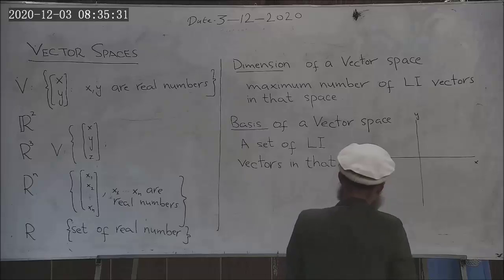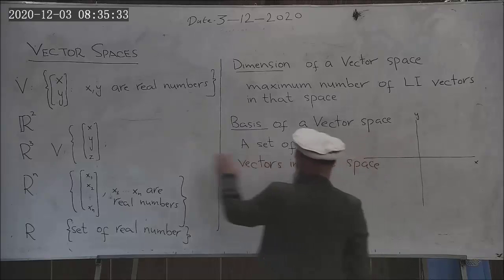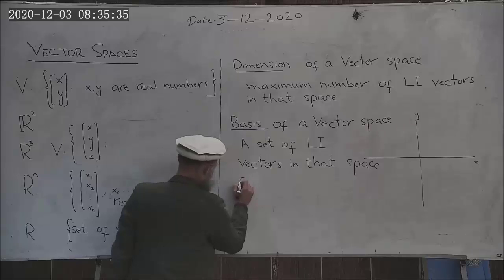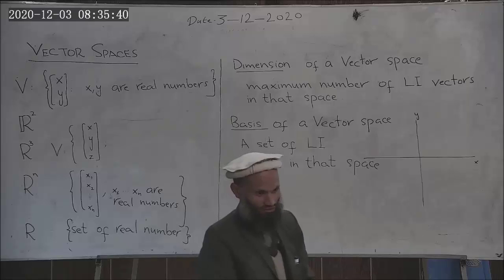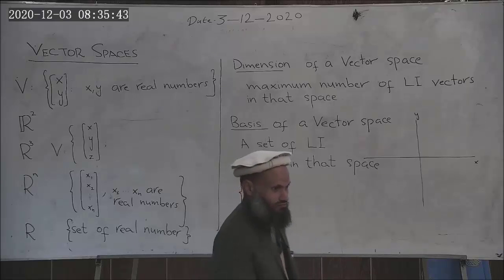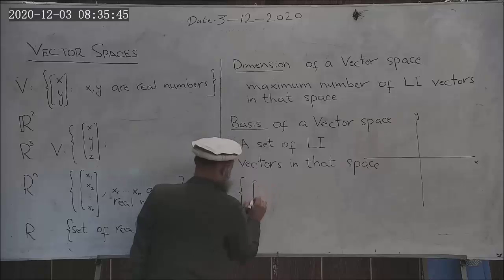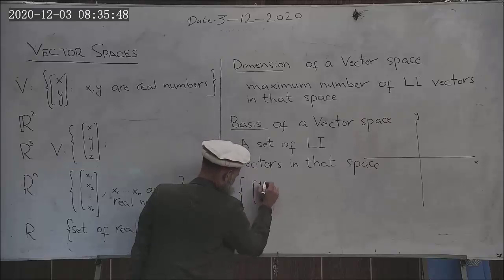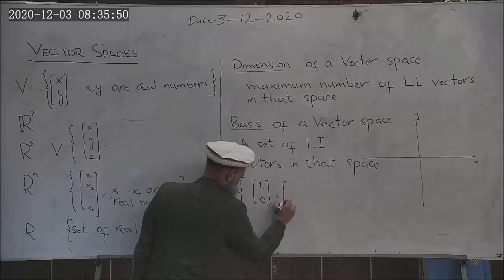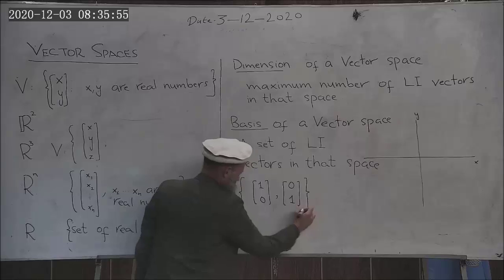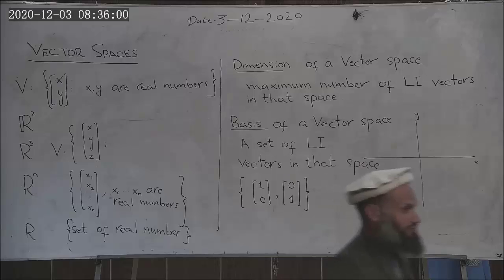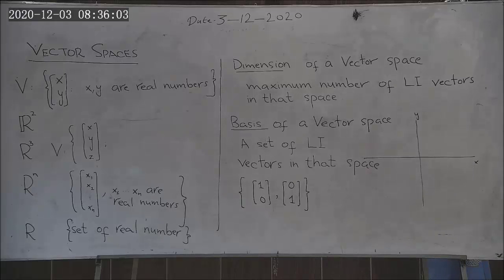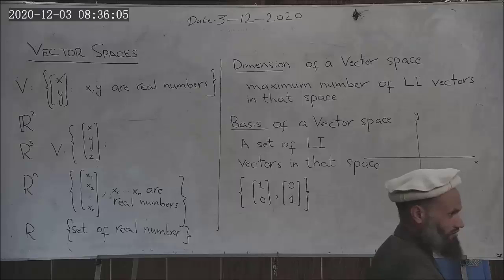For example, a basis for R2, can you tell me the set of linearly independent vectors in this R2? For example, this set: 1, 0 and 0, 1.